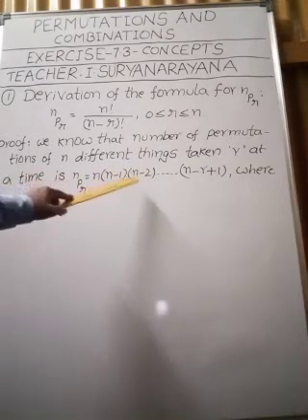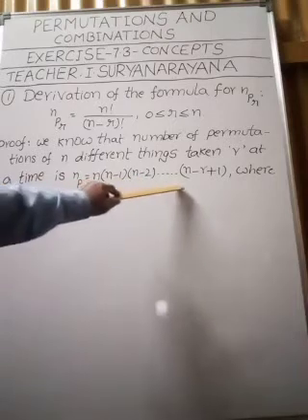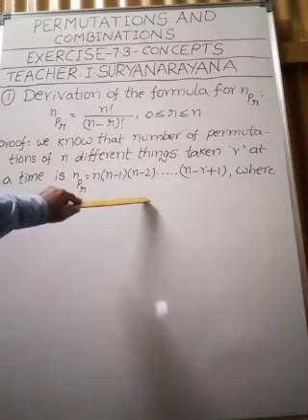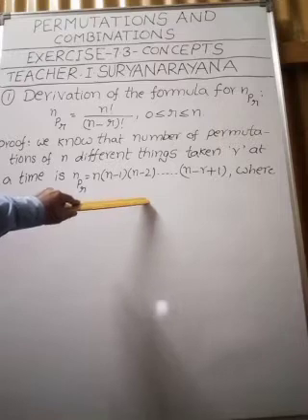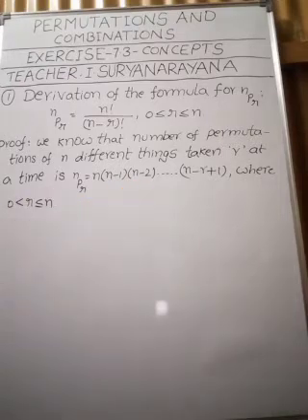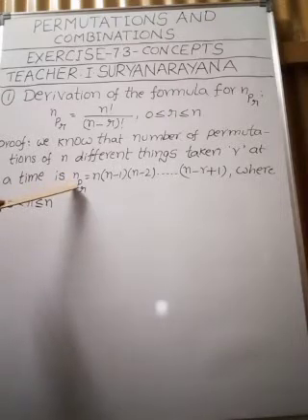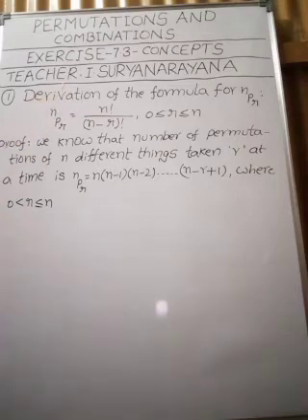By the principle of multiplication we have found this one. Do you remember this formula, my dear children? In the previous exercise we have discussed this point. Okay, my dear children. Now we write this formula in terms of factorial notation.